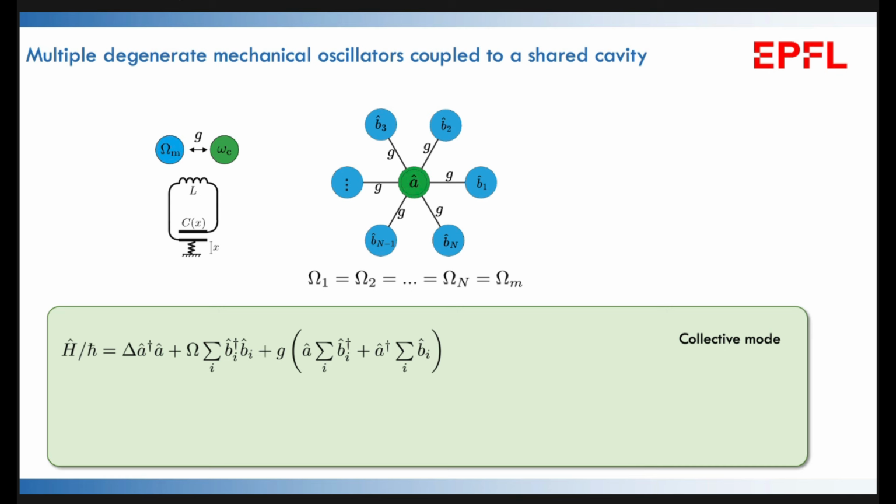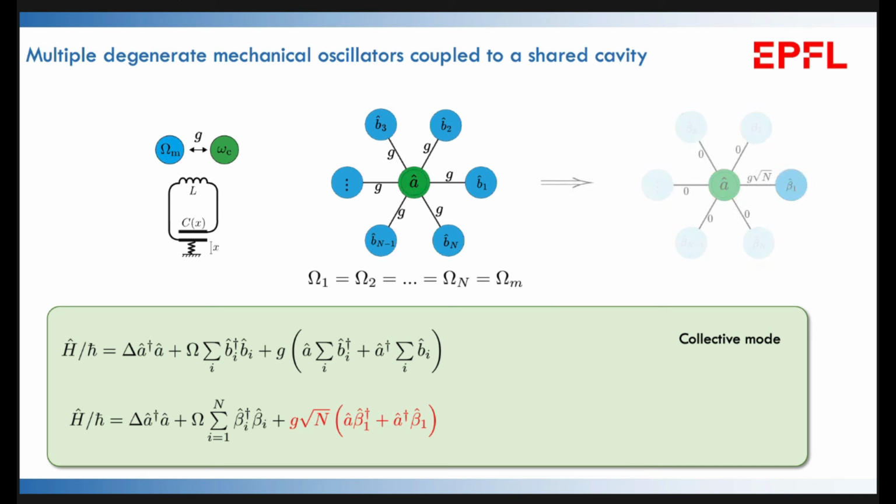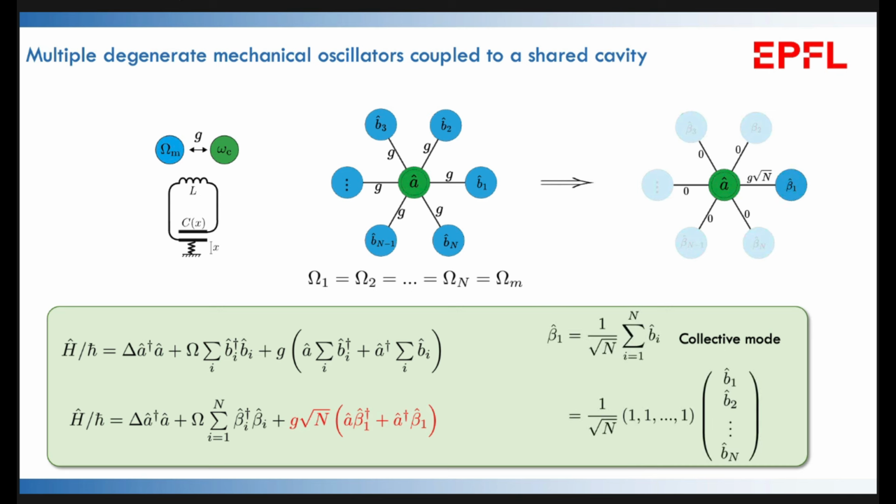And the way this works is, if you look at the physics of this collective mode, if you have multiple mechanical oscillators with indistinguishable frequency coupled to the same cavity, you get a root n enhancement of the optomechanical coupling rate. And this is because you're coupling to a collective mode. And so in our case, we should see a 6-fold enhancement of all the optomechanical dynamics, be it the coupling rate, be it the cooling rate of the system.